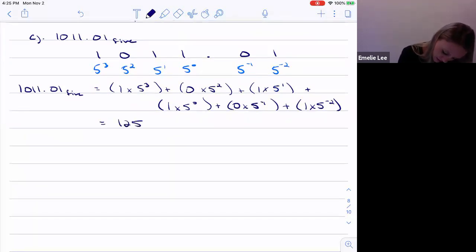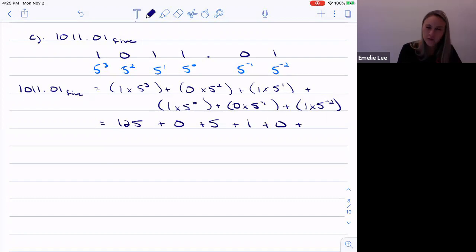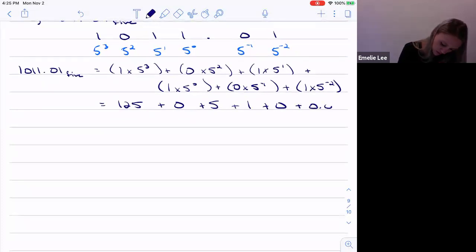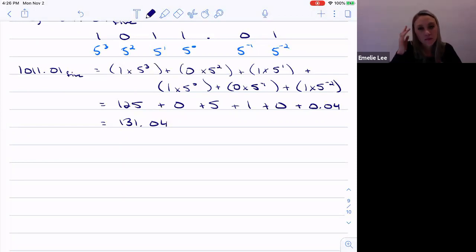This is 1 times 125, which is 125, plus 0 is just 0. 1 times 5, so plus 5. 1 times 1 is 1, plus 0, plus 1 over 5 squared is 1/25, which is 0.04. So this becomes, I think, 131.04. Okay.